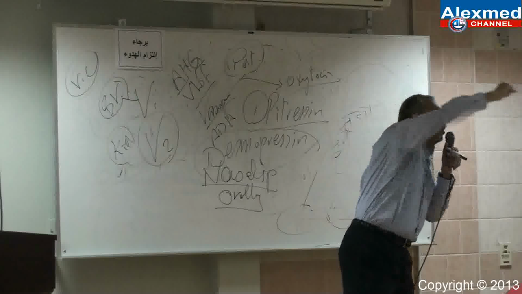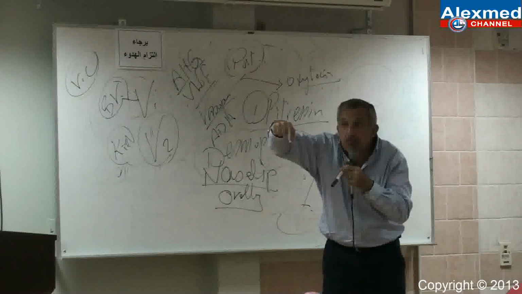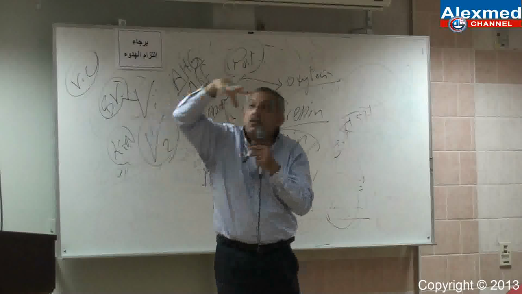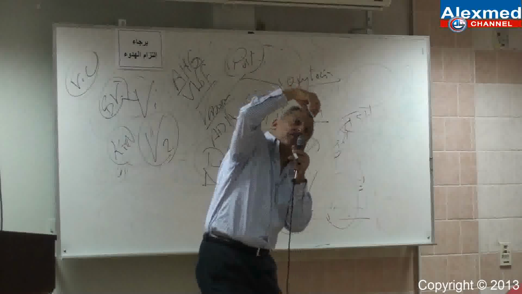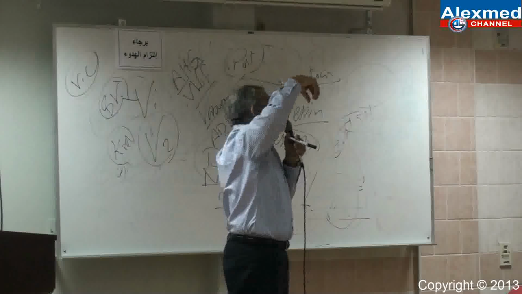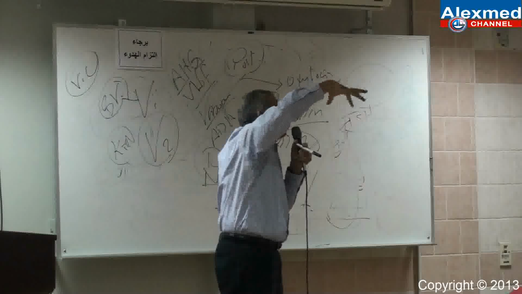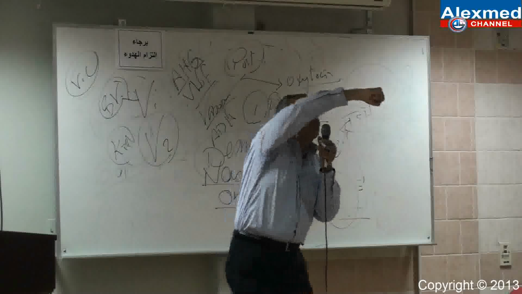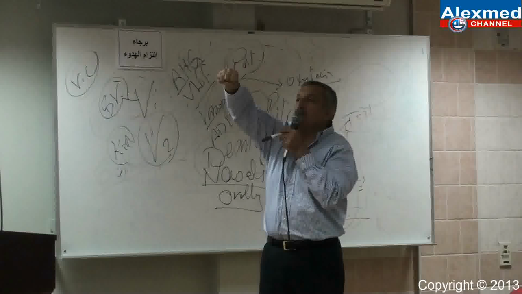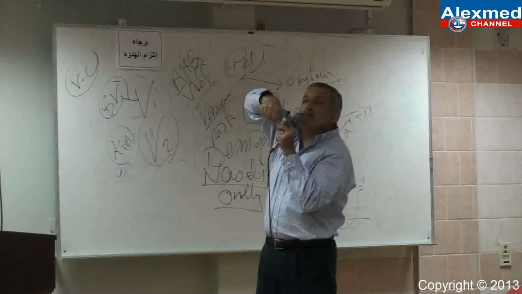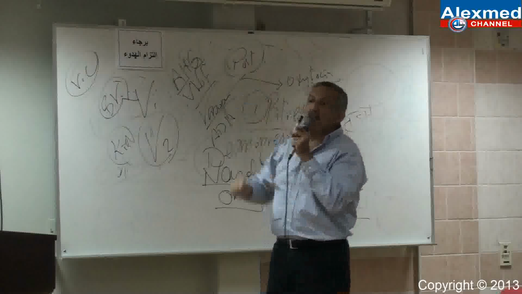Methyl ergometrine is the drug of choice for postpartum hemorrhage. Why? Is going to cause sustained contractions. I don't need in postpartum hemorrhage rhythmic contraction. I need sustained tonic contraction to close the blood vessels, placental blood vessels.